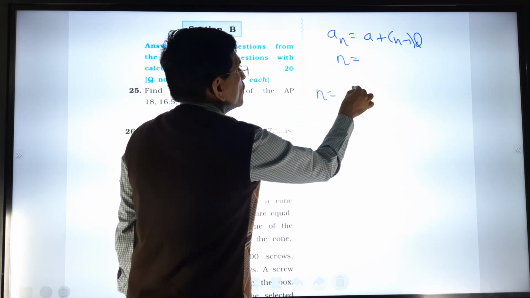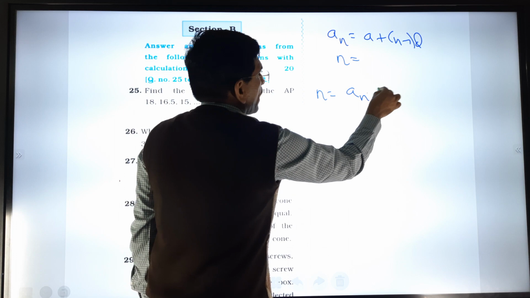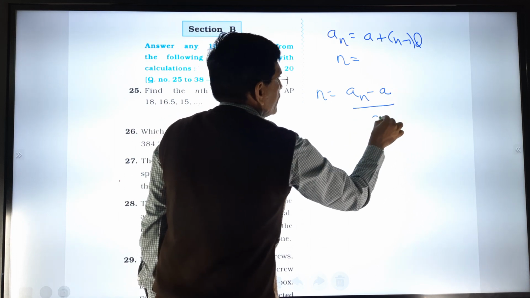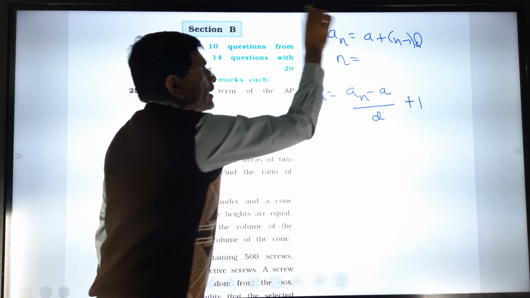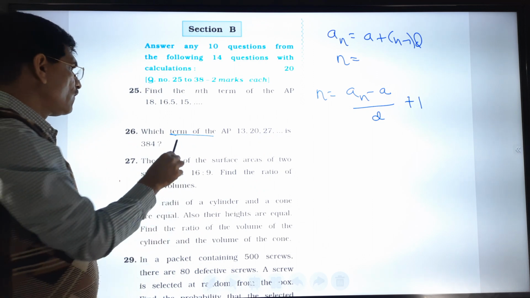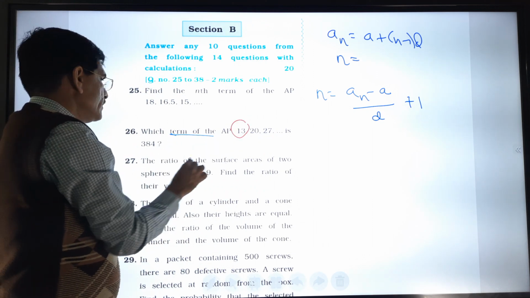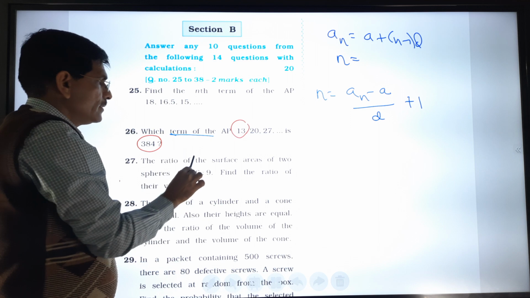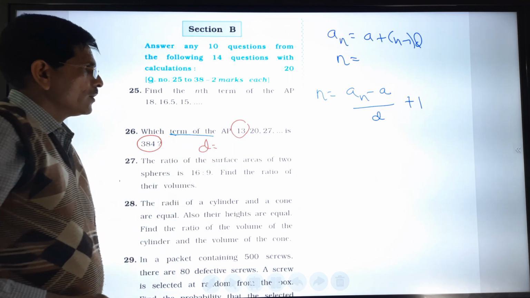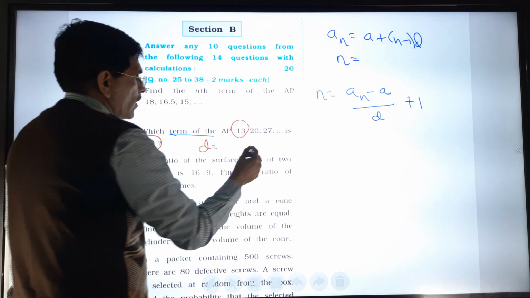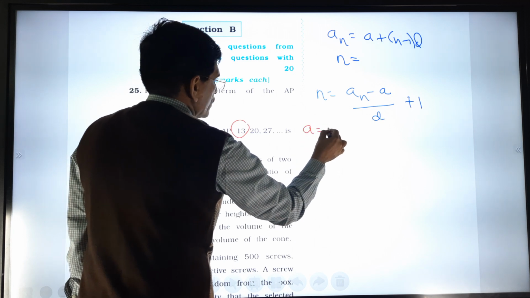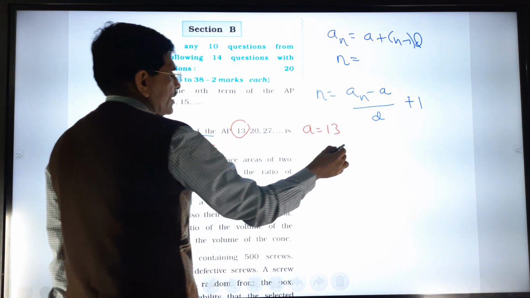n is equal to (An minus A) by d plus 1, or you can directly put the value of An and d. If you see here, what is A? A is equal to 13. What is d?